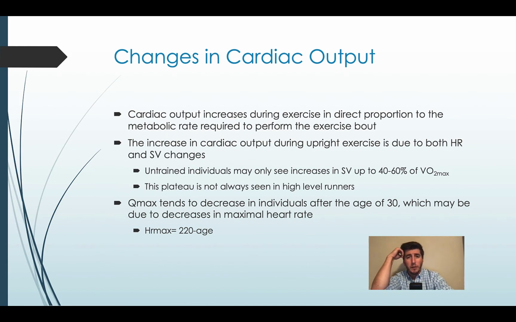And what that means is that in order to continue to match cardiac output, their heart rate has to continue to increase. Whereas high-level runners and elite-level endurance athletes don't have that same plateauing effect for their stroke volume. So we can continue to increase stroke volume and keep heart rate a little bit lower in order to maintain or increase cardiac output.